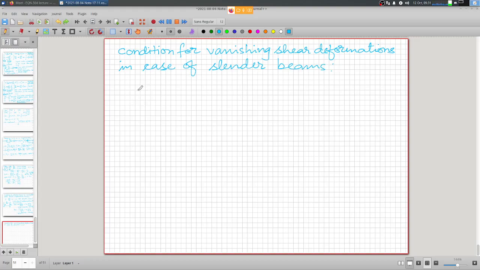That is, it should be equal to theta. Slope of the deflected shape should be equal to section rotation. Now what is the slope of deflected shape?